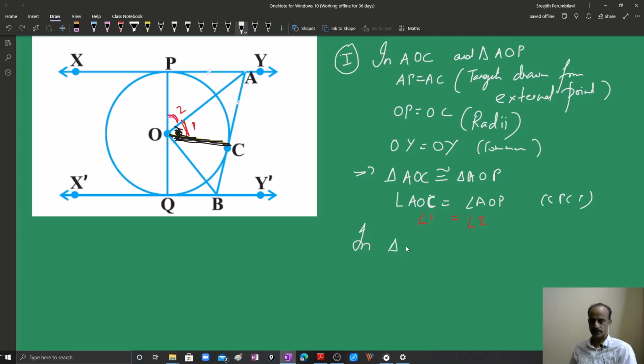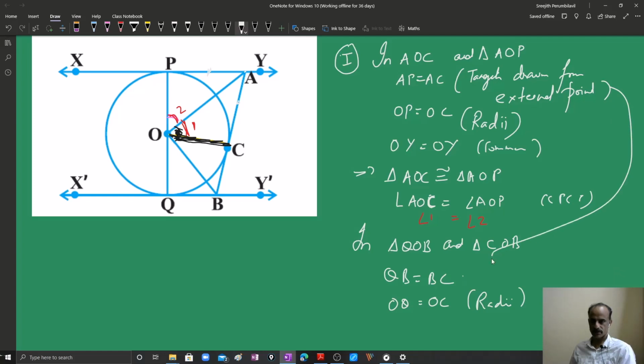In triangle QOB and triangle COB, we know that QB is equal to BC, tangents drawn from an external point. And OQ is equal to OC, radii. And OB is equal to OB, common.